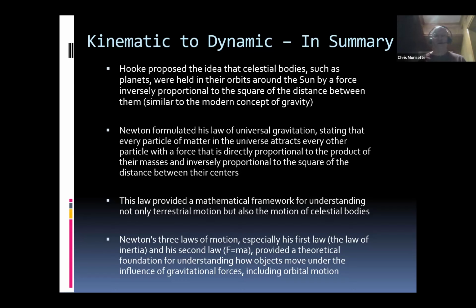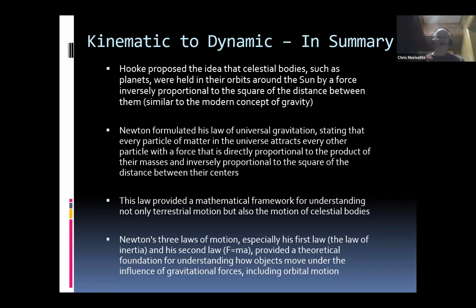So this law provided a fundamental mathematical framework for understanding not only terrestrial motion, but also the motion of celestial bodies. And Newton's three laws, especially his first law and second law, provided a theoretical foundation for understanding how objects move under the influence of gravitational forces, including orbital motion. So here's where the tie between the two happens. I'd be lying to you if I said I could walk through the details of all this.